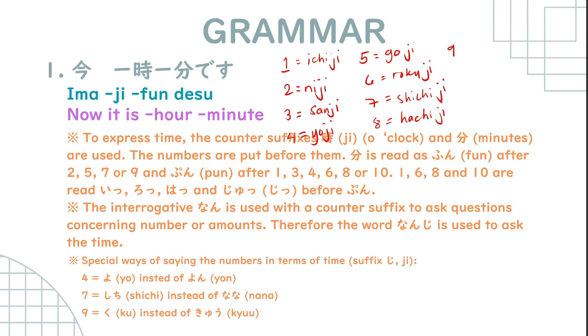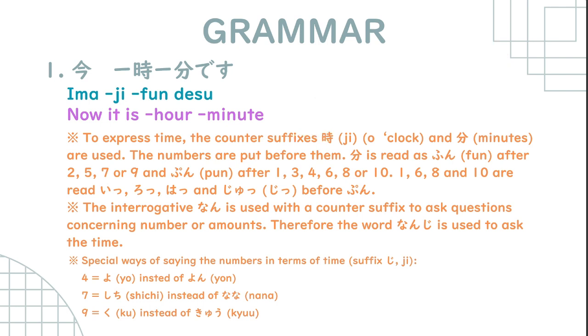We have 9, ku ji, and 10 we have juji. We have 11, juichi ji, and then we have 12, juni ji. So those are how to say the hour part of the time. Ichiji, niji, sanji, yoji, goji, rokuji, shichiji, hachiji, kuji, juji, juichiji, and juniji.